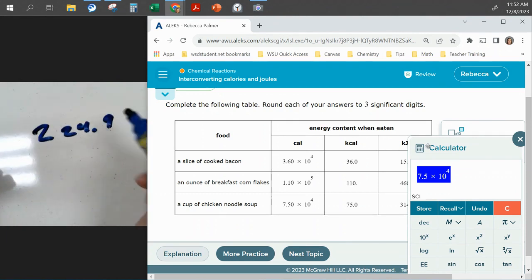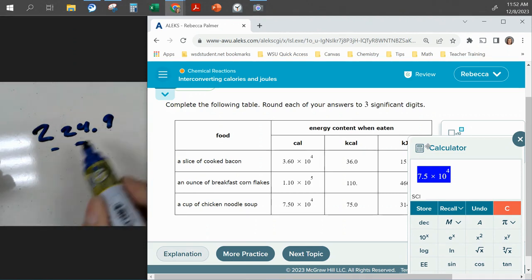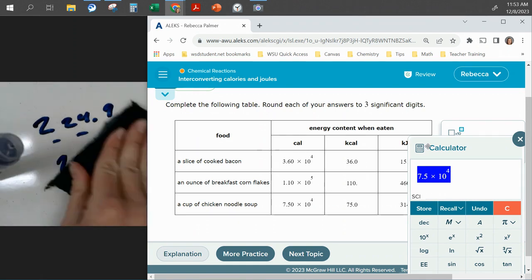So it's 225. Would that be 4 significant digits? Yes, you would need to round to 225 for 3 significant digits. And then still put the decimal on this question. Yeah, good.